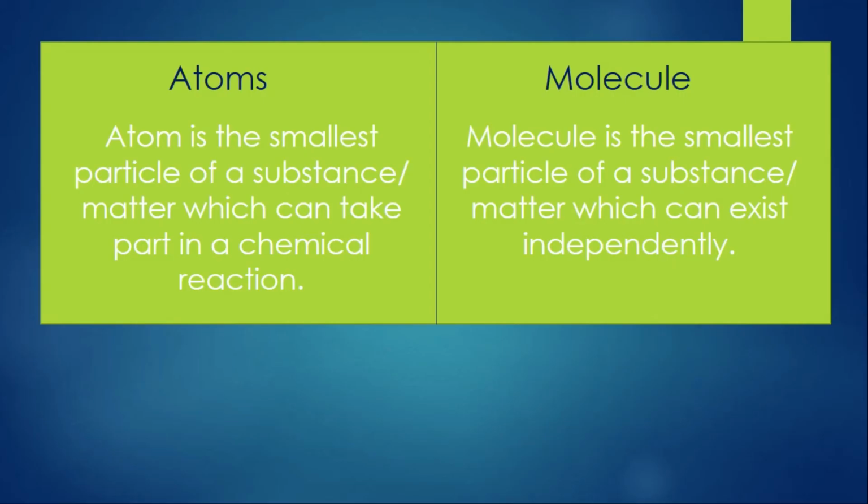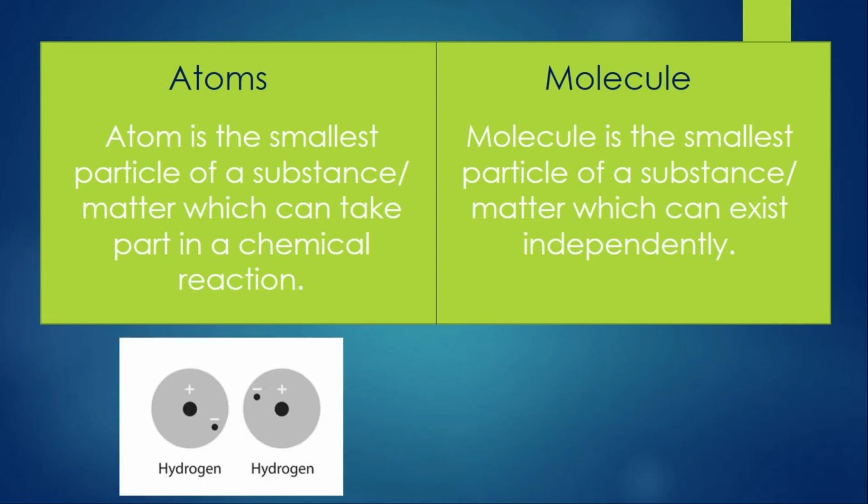Now coming back to our definition. An atom is the smallest particle which takes part in a chemical reaction. And as we saw earlier with our lone hydrogen atom, because it was not in a stable state of duplet, it had the tendency to react with other atoms, which it did and hence gained stability. And this is what is meant by can take part in a chemical reaction.